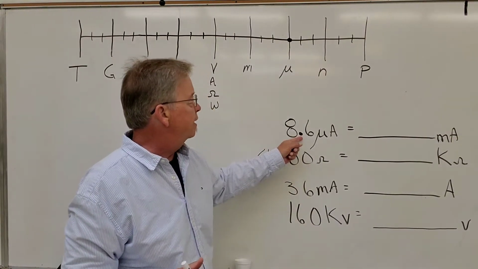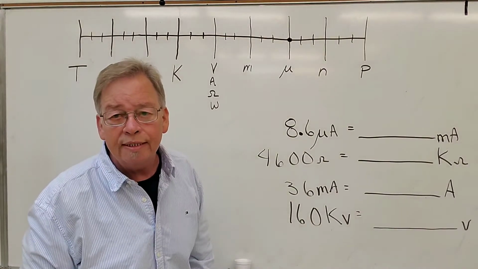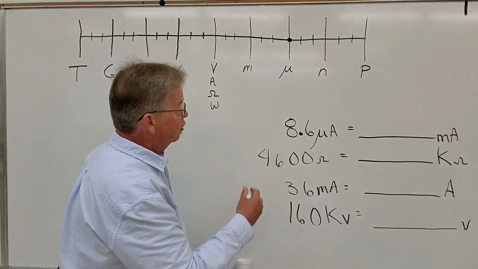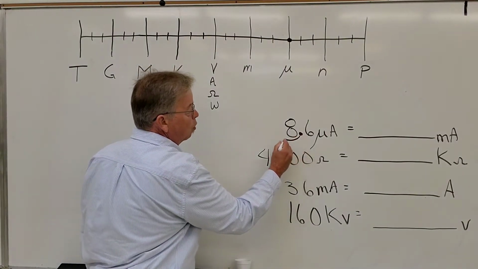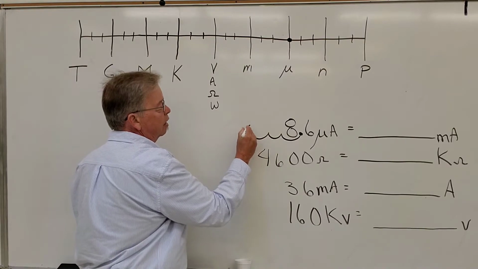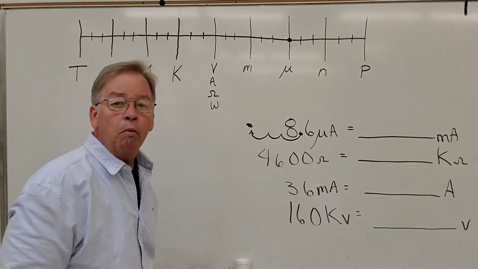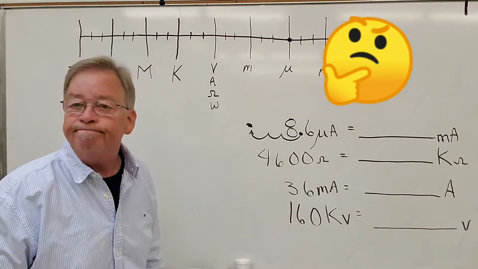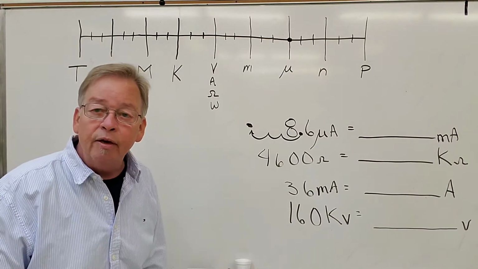So if I take this value of 8.6 and I move it 3 places to the left, that would be 1, 2, 3 places to the left. I'm going to move that decimal point over there. And what do I do with those blank spots? That's right. I add zeros.